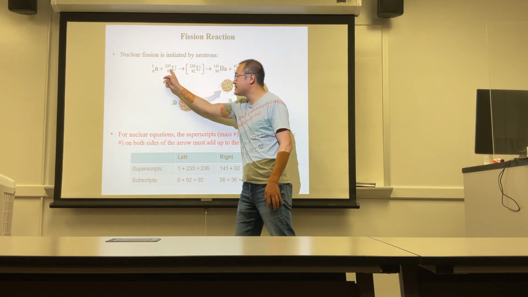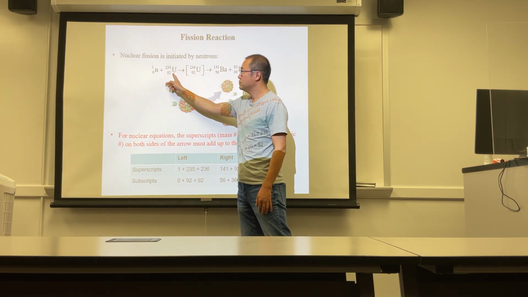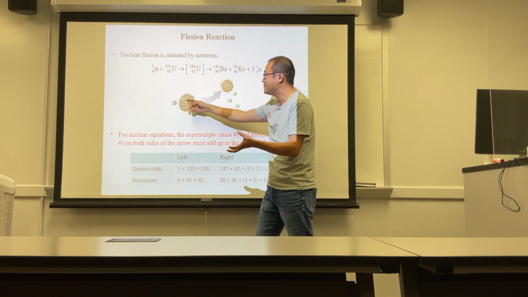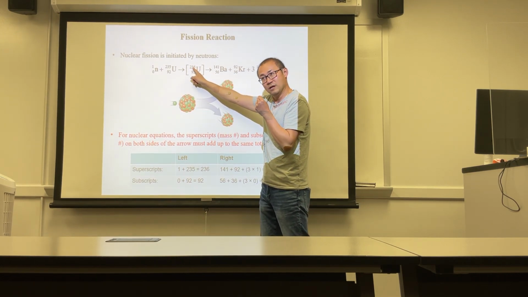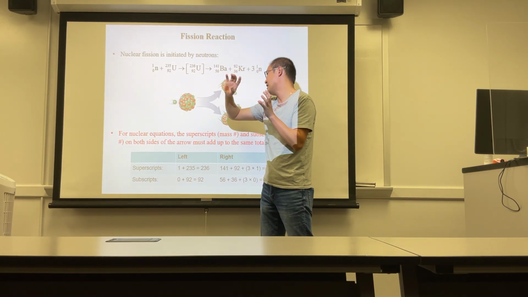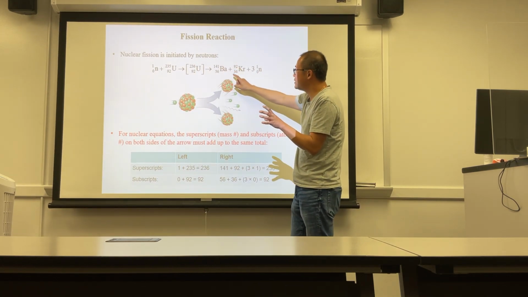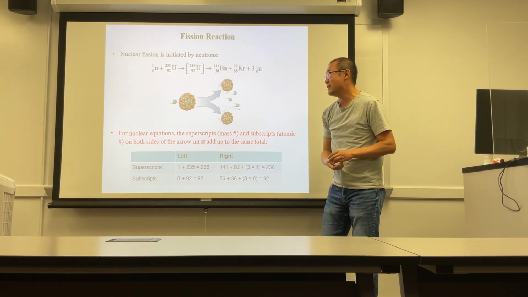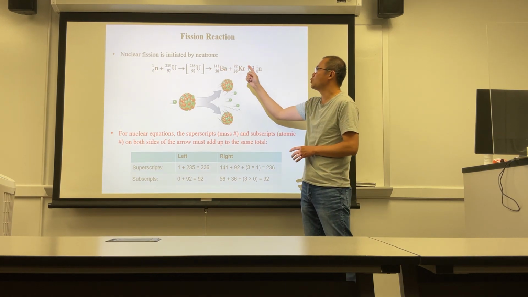When the neutron hits uranium-235, technically speaking, when the uranium takes the neutron in, uranium-235 will become what? Uranium-236, which is not a stable isotope. So this will split into 2 smaller nuclei. In this example, barium-141 and krypton-92.